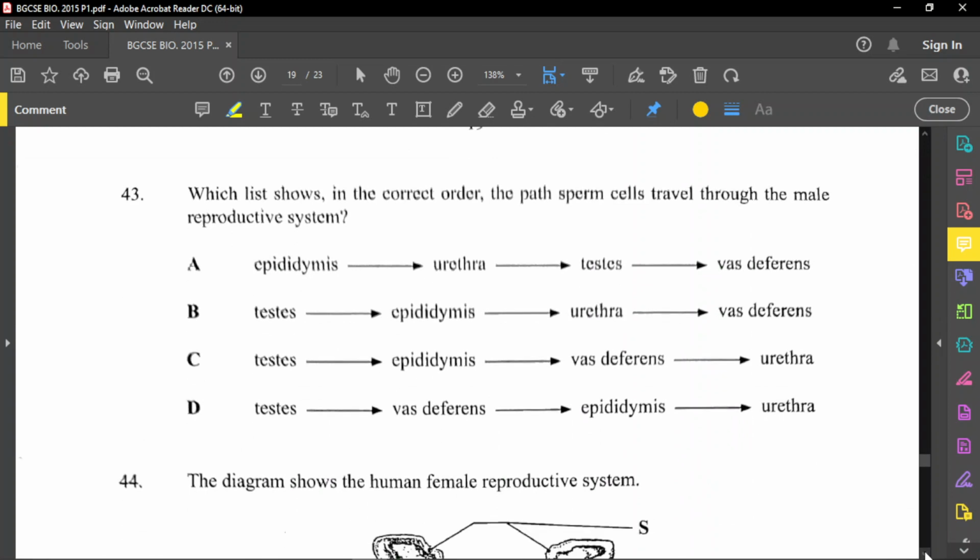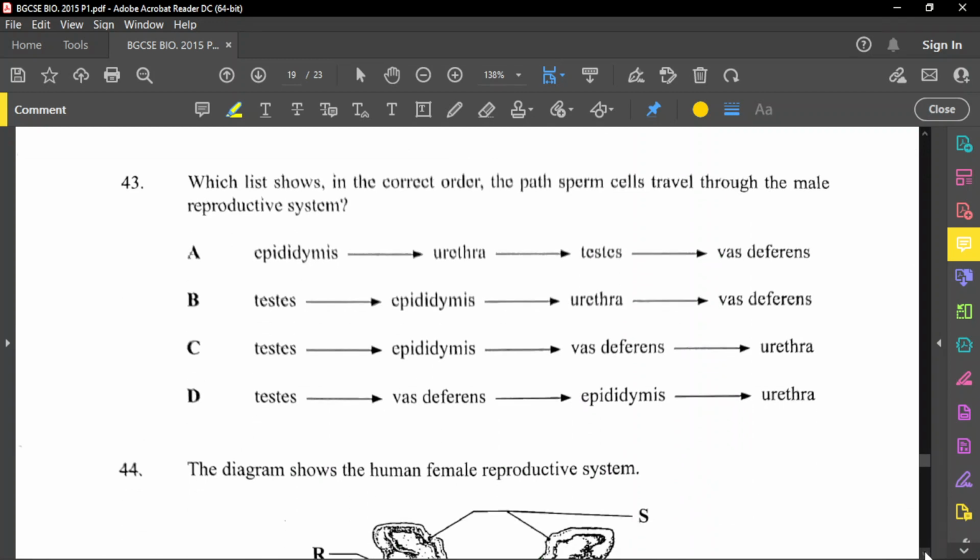All right, question number 43 asks which list shows the correct order of the path sperm cells travel through the male reproductive system. So we're looking for the pathway that sperm will travel through the male reproductive system.